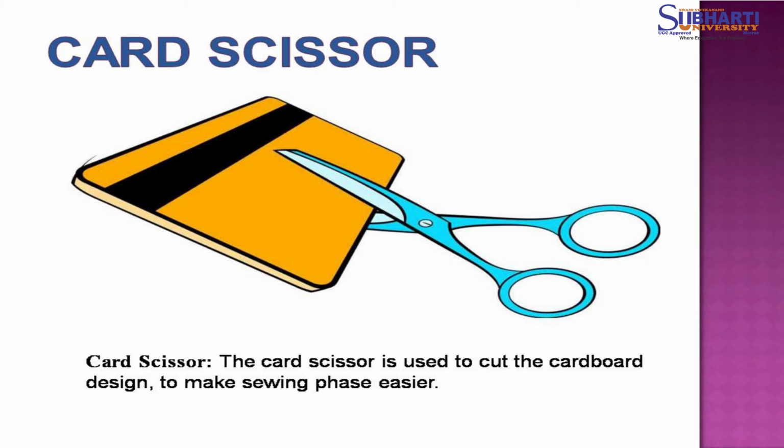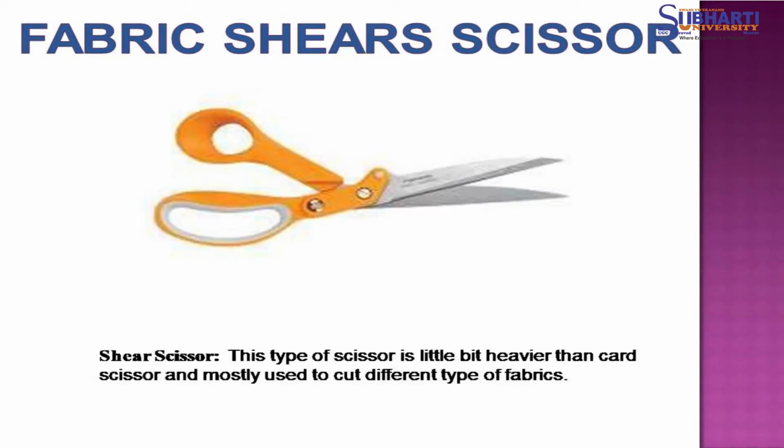This is basically used in the process of paper patterns. The next scissor is the fabric shear scissor. This type of scissor is a little bit heavier than the card scissor and is mostly used to cut different types of fabric. So this one is heavier than the card scissor.